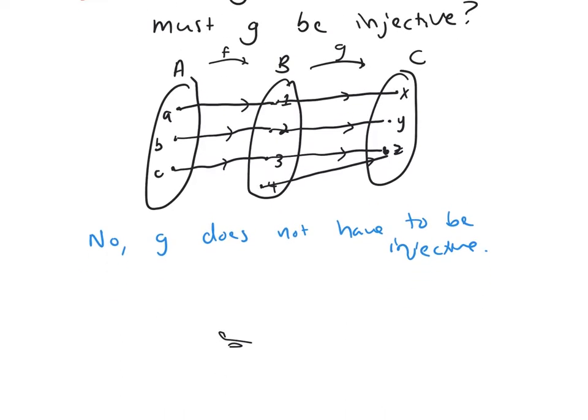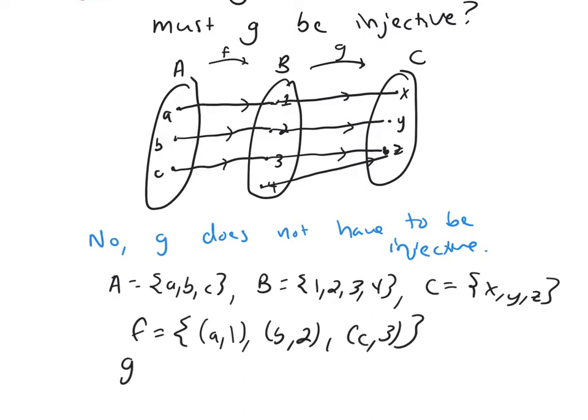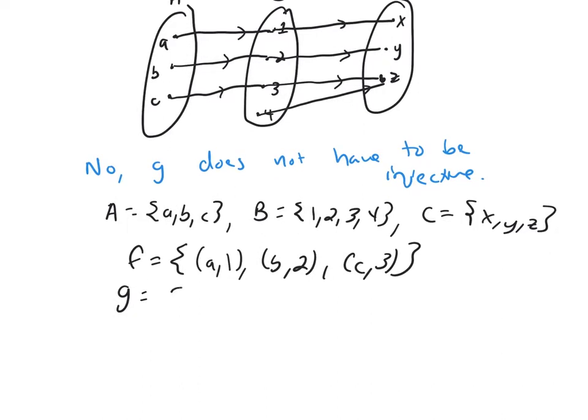And so my counterexample for this statement would be, let's see, my set A is the set {a, b, c}, B is the set {1, 2, 3, 4}, and C is the set {X, Y, Z}. f would be the function a goes to 1, b goes to 2, c goes to 3. g is the function 1 goes to X, 2 goes to Y, 3 goes to Z, and 4 goes to Z.